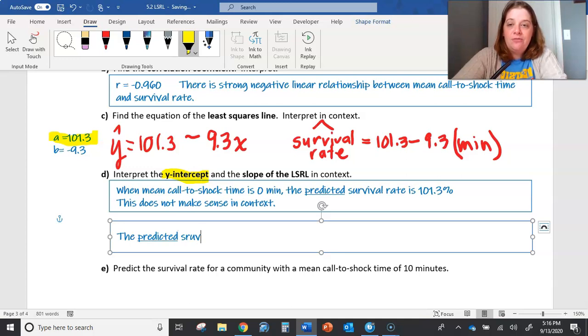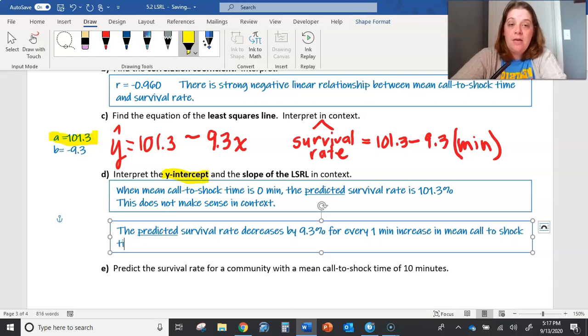The predicted survival rate decreases, because it's negative, by 9.3% for every 1 minute increase in mean call to shock time.